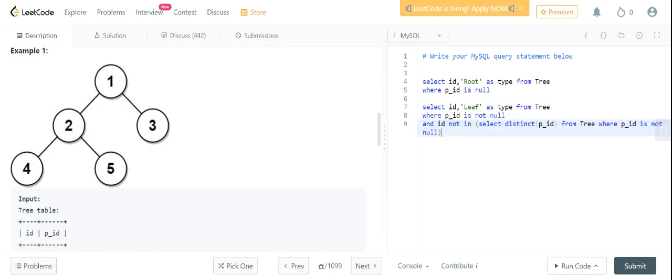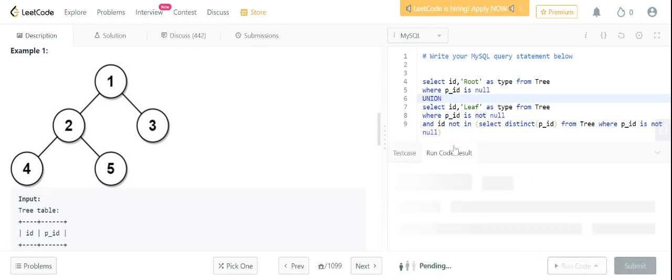So we are excluding 1 and 2, because they are the only nodes that are considered parent nodes, and we select all the other nodes. This is the logic for that. Understood? Now place a union between these two, and let me run this code.